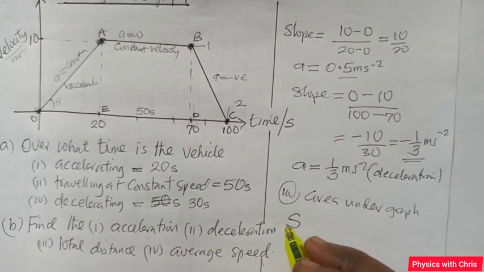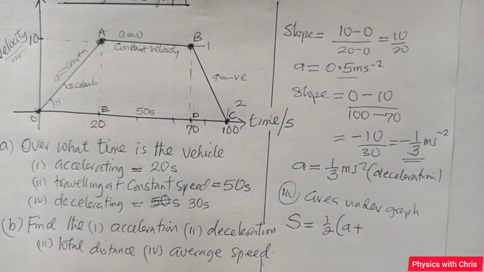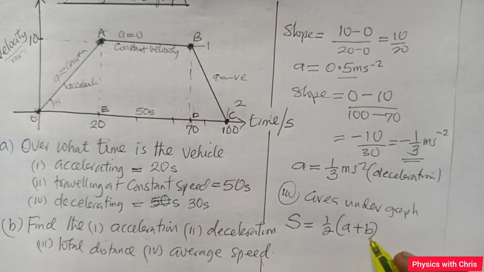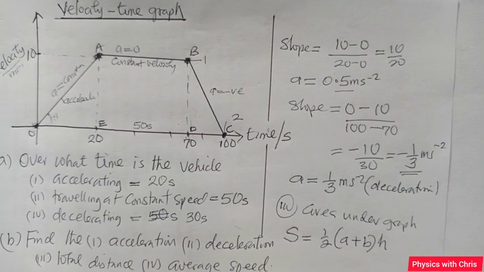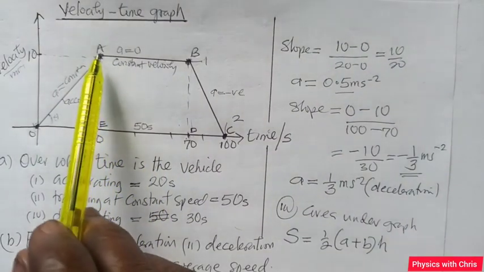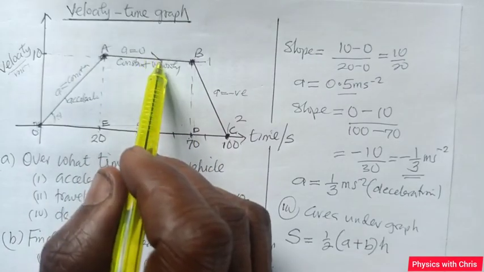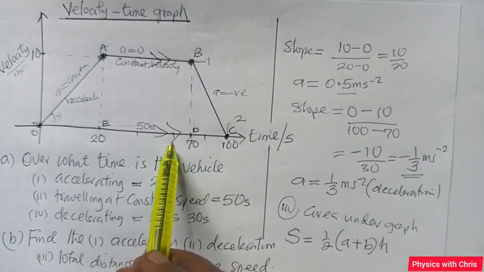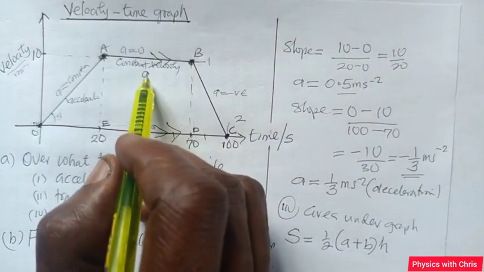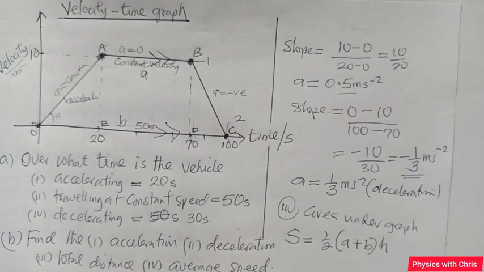The formula for calculating the area of a trapezium is half the sum of the parallel sides times the height of the shape. I will identify the two sides that are parallel. I can see side AB is parallel to side OC. So my a is AB, my b is OC.